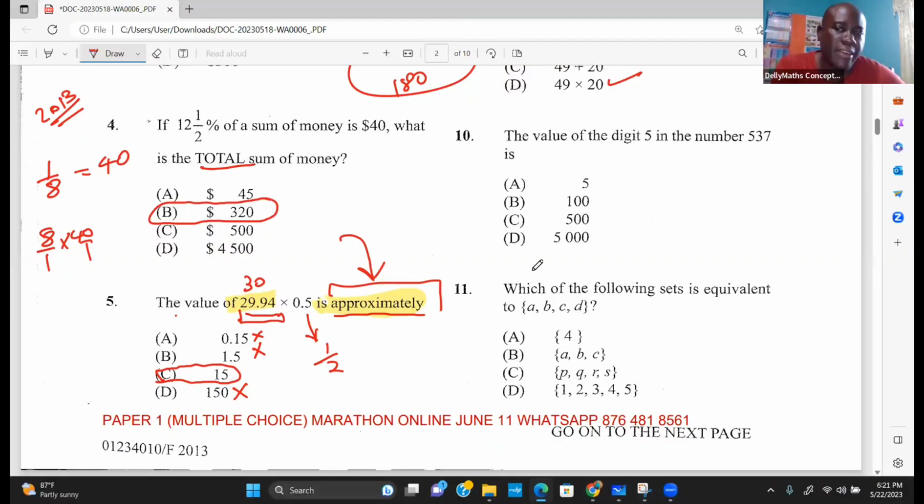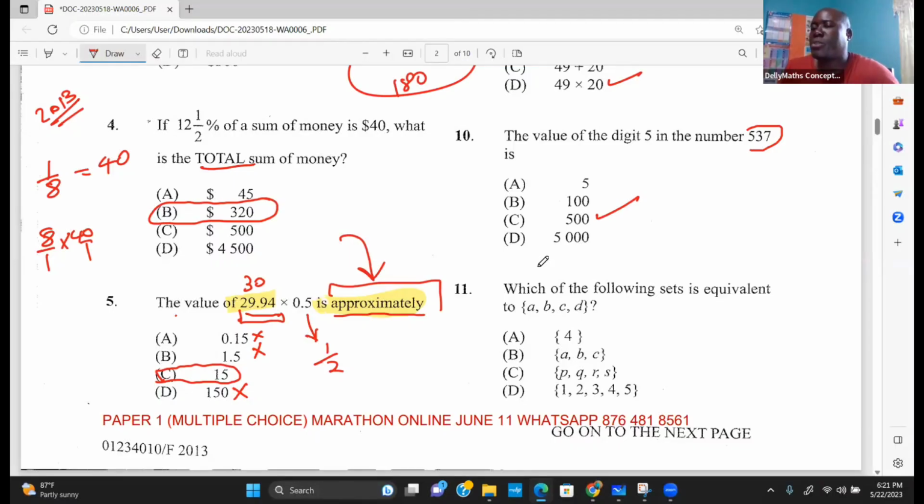So you want to just take your time and see what you have. The value of the 5 in the number 537. Anybody want to quickly state that? 500, sir. Very simple, 500. And when you have whole numbers, we're not talking about decimal numbers, if you call the value for the number, you get each of them in their respective places.